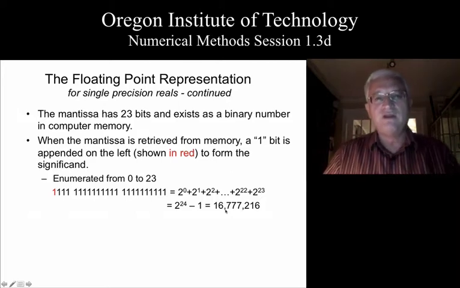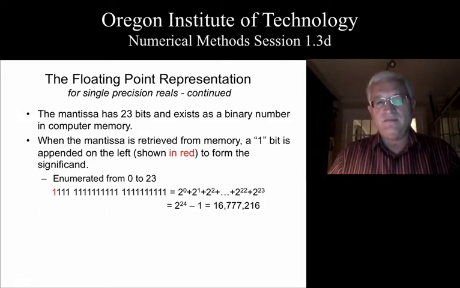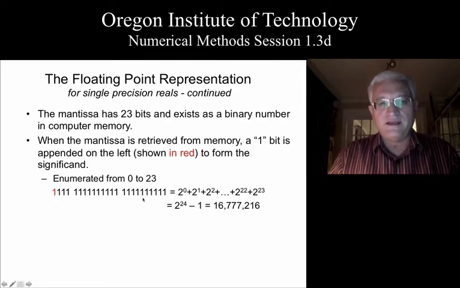Now, on first blush, you might be a bit disappointed with that. I mean, if I thought that the biggest number I could create in computer memory was 16 or 17 million, I would realize there's a lot of applications that I can't use computers for. So that's not really the point of this exercise.